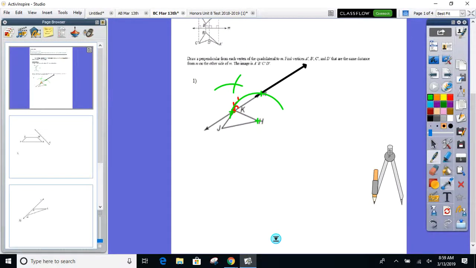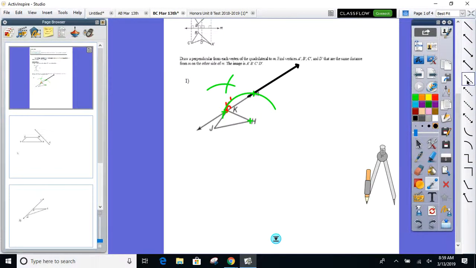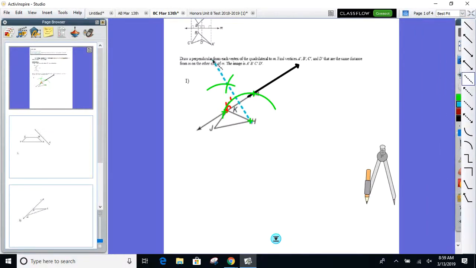And then if you line up your straight edge with H and that point of intersection, you'll get a perpendicular line. And that's half the battle. Everyone got the perpendicular line before we go to the second half of this?